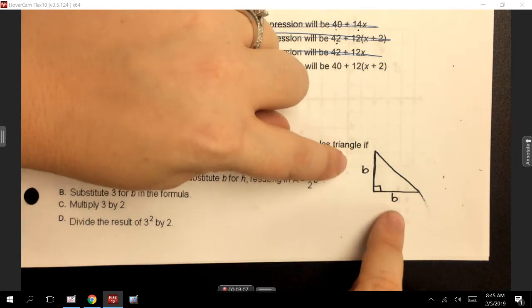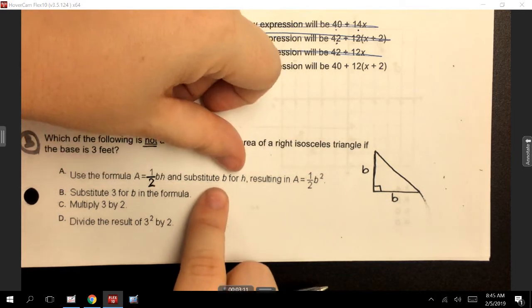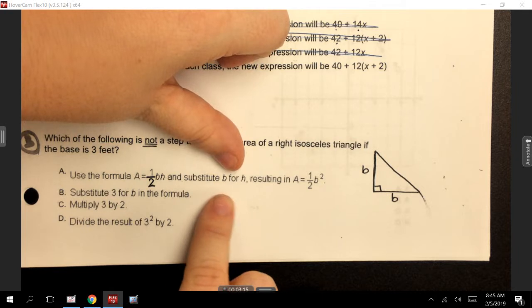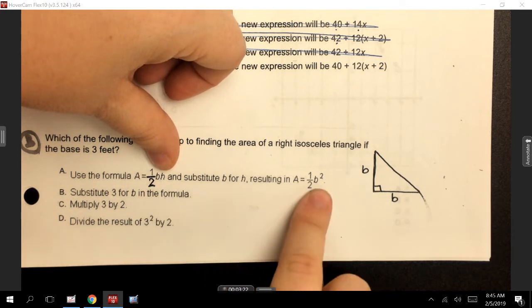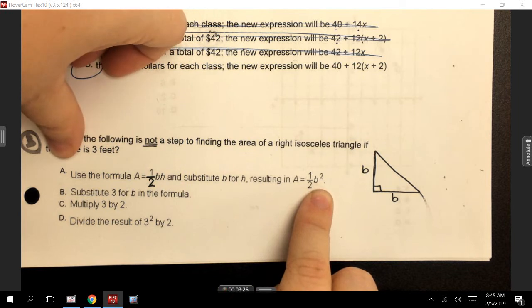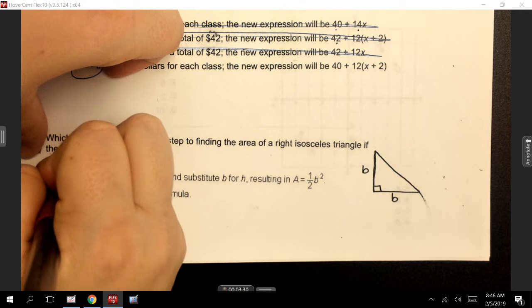I can only do this because it's an isosceles. So, can I substitute B for H if they're the same? Yes. And instead of BH, now it's going to say B times B. How would I write B times B? B to the second power. So is A true or false? It is true. A is true.